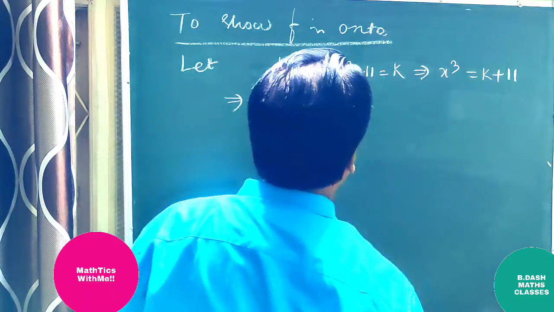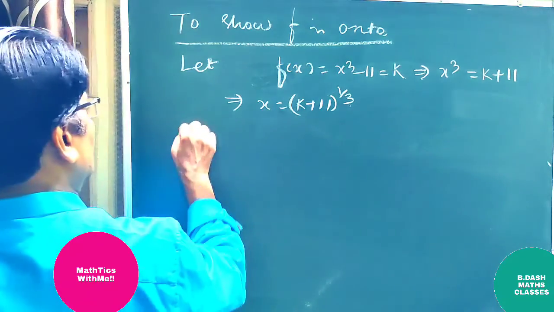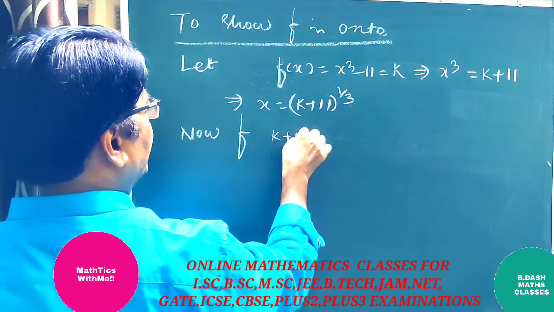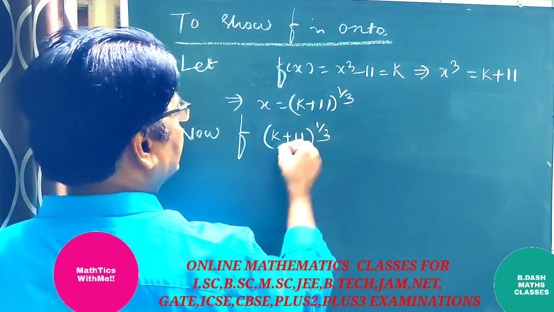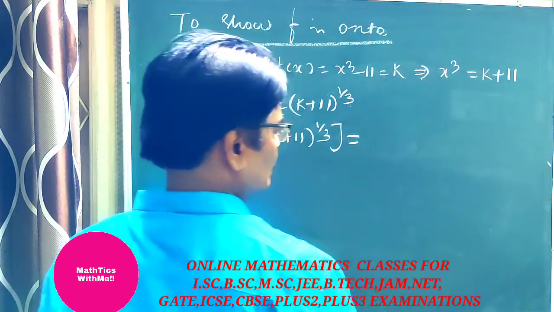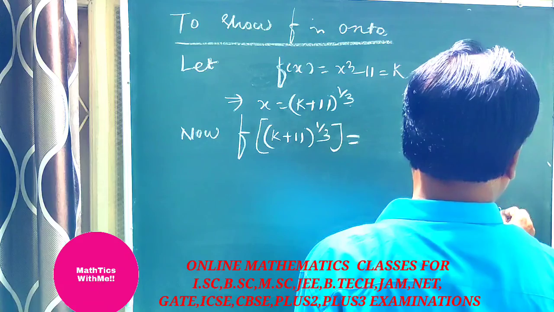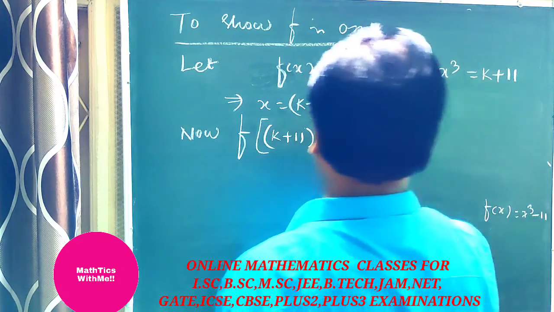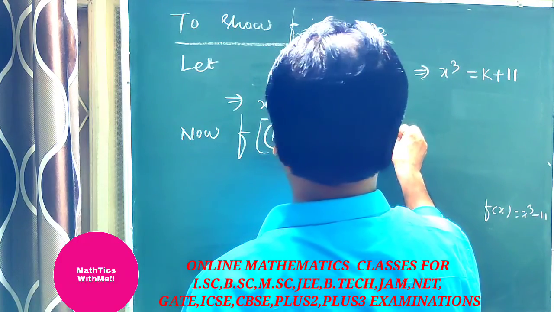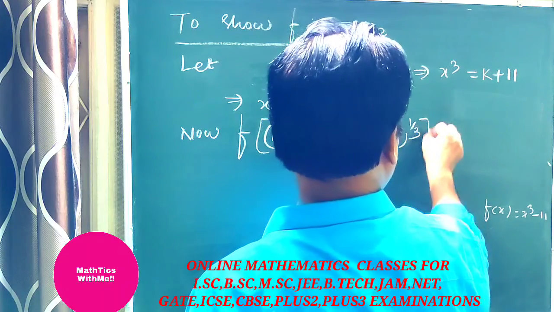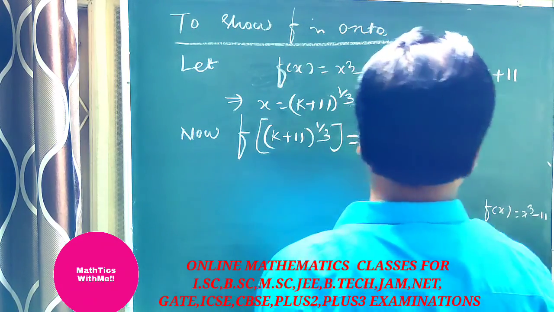Now f of (k plus 11) to the power 1 by 3. This is equal to, we have taken f(x) is equal to x cube minus 11. So this is equal to ((k plus 11) to the power 1 by 3) to the power 3 minus 11.